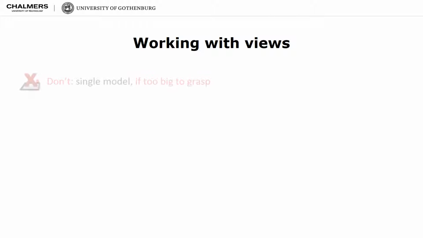It's important to keep in mind that the domain model has a primary purpose as a communication means. In that sense, if the model grows beyond a size that is manageable for a human to grasp and understand at a glance, it is best to split up such a larger model into multiple models by using the concept of the view.